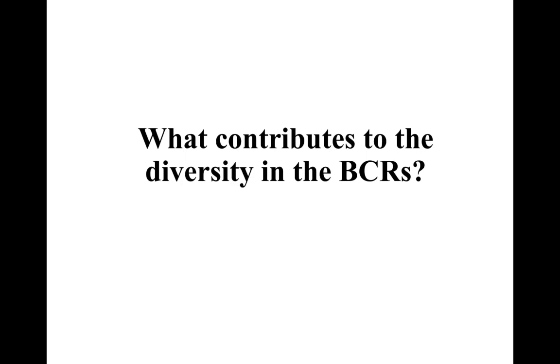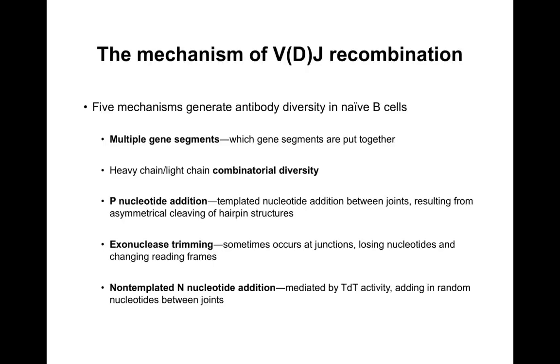So what contributes to the diversity in the B cell receptor? Those multiple gene segments that we looked at, and they can be combined, give us more than 2 million different possibilities. When you combine the different gene segments and the fact that you have different heavy chains and light chains that combine, we get even more possible diversity generated in these naive B cells because nucleotides are added in at that hairpin structure, which depends on where Artemis will cut it.